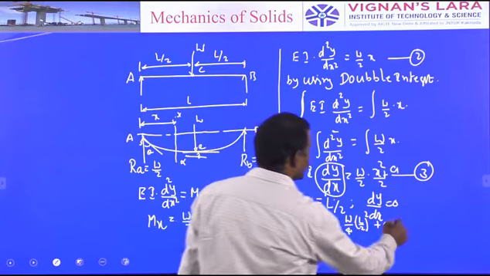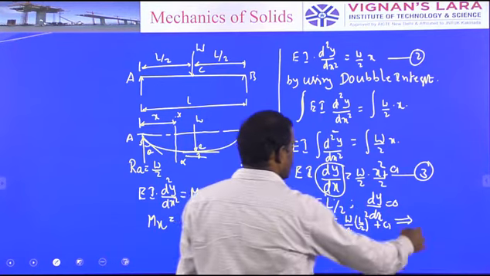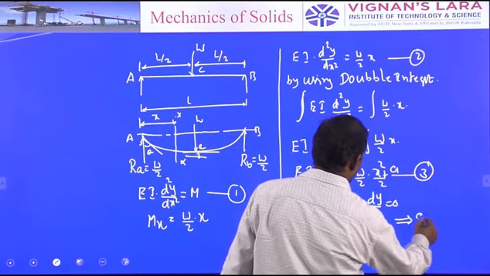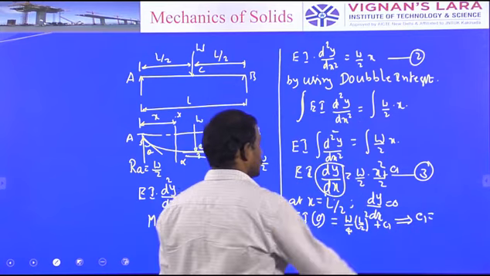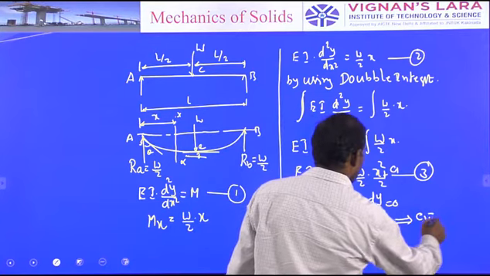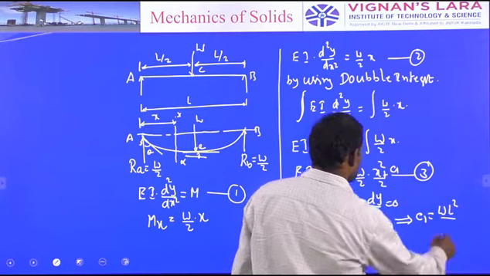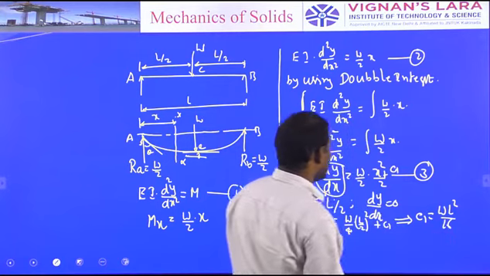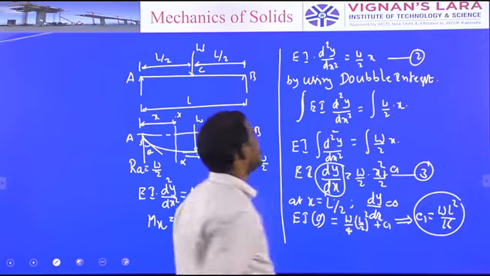From this equation, C1 is equal to WL square by 16. So here we find the C1 value.